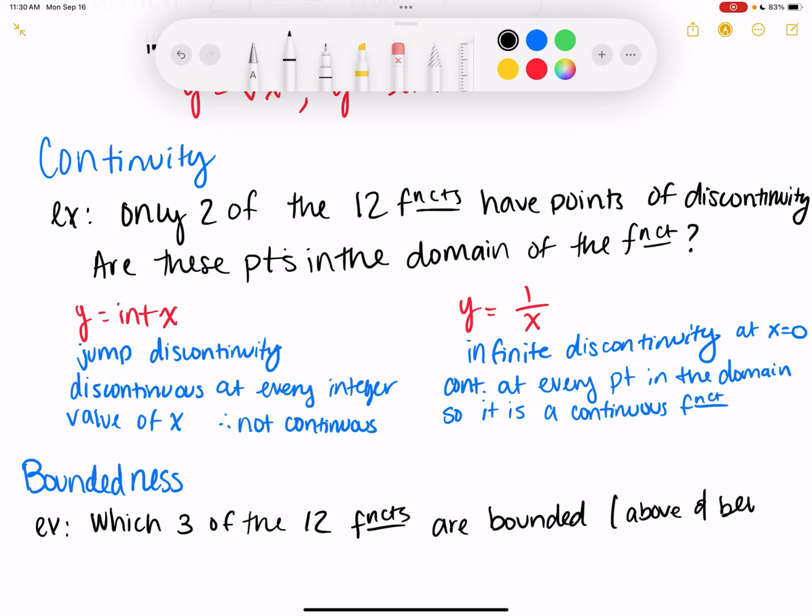So that means which functions have a max on the top and a max on the bottom. Any guesses? And it has to be both, where it hits and turns around, or horizontal asymptotes that it can't cross.